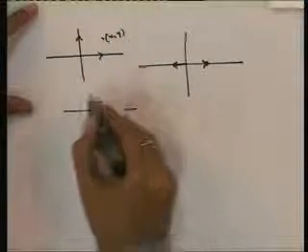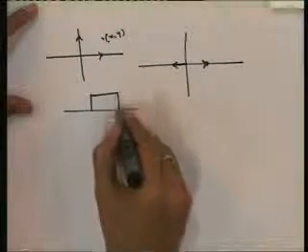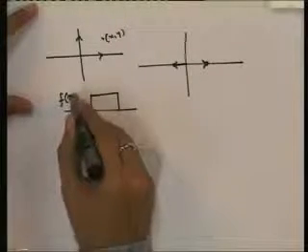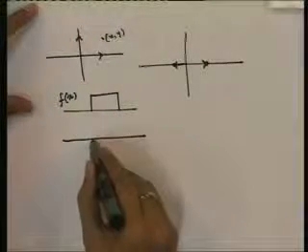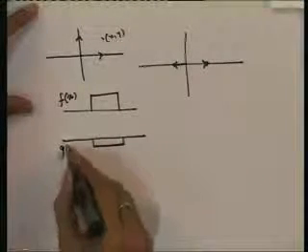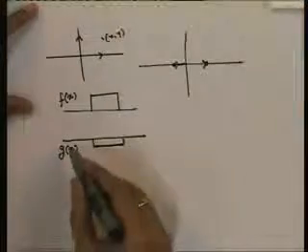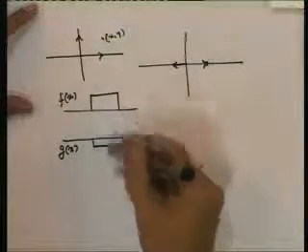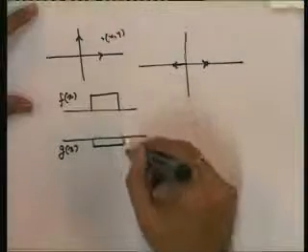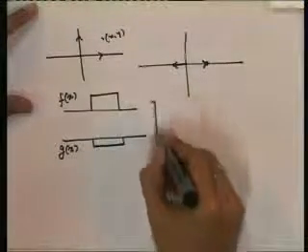If we have, say, one signal, this pulse, this is our f of x, and if we have another signal, this is g of x. We know that g of x is nothing but a scalar multiple of f of x. It is minus something times f of x.